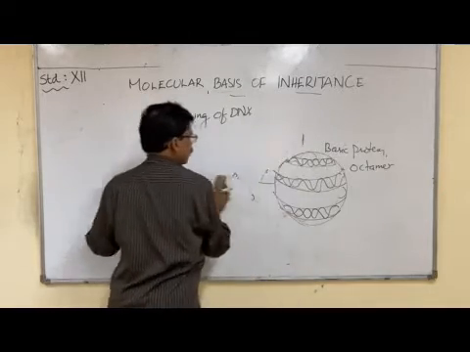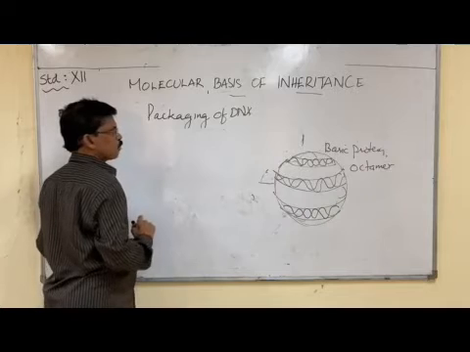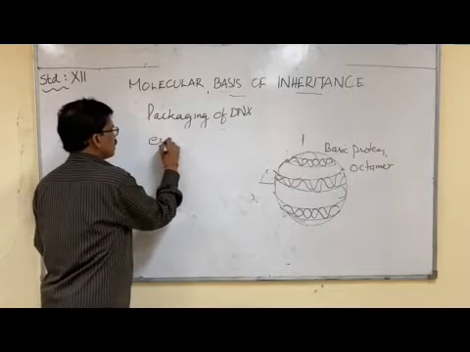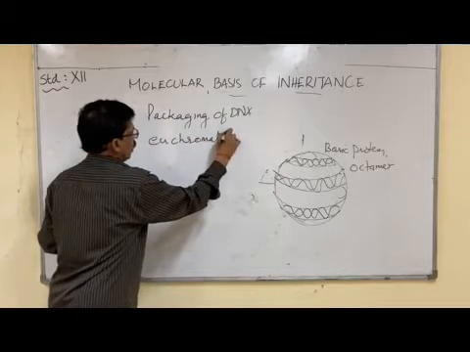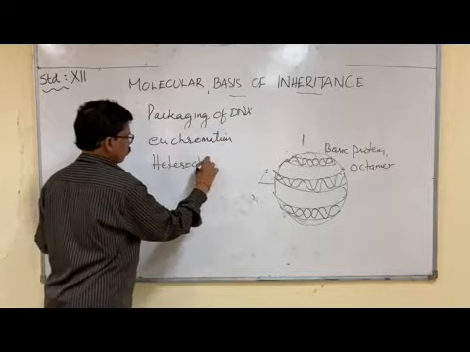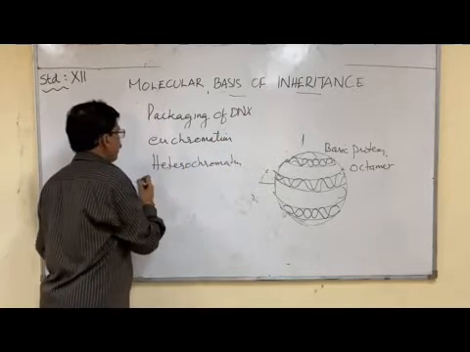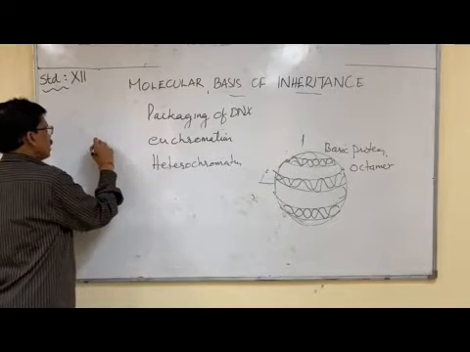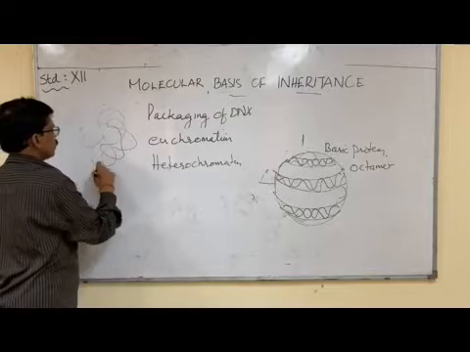Now, interestingly, there are two types of chromatin, euchromatin and heterochromatin. Euchromatin is loosely arranged and light stained.